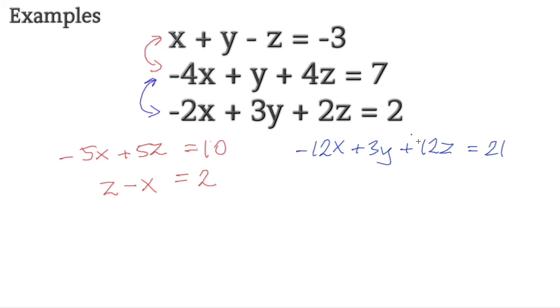Let's see, it would be ideal if we take 2 from 21, so we have a 19 on the right. Then the y cancels, so that would be 10z, and on the left we have minus 12 take minus 2, give us minus 10x.